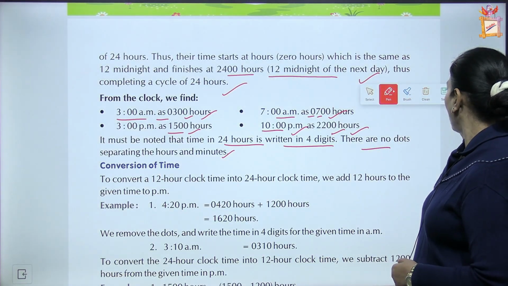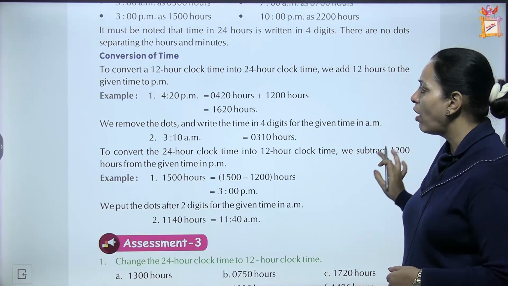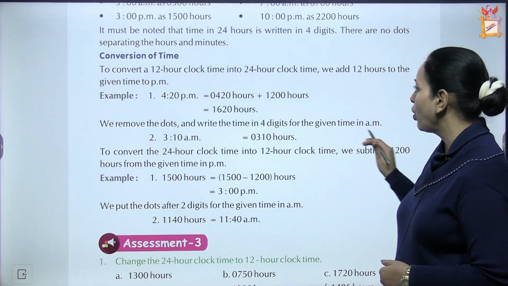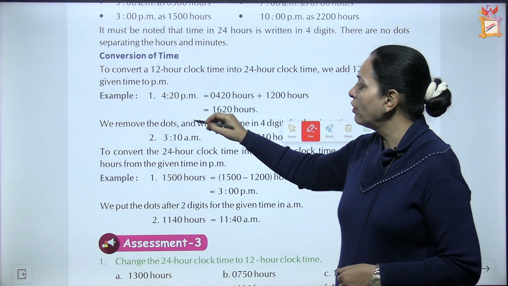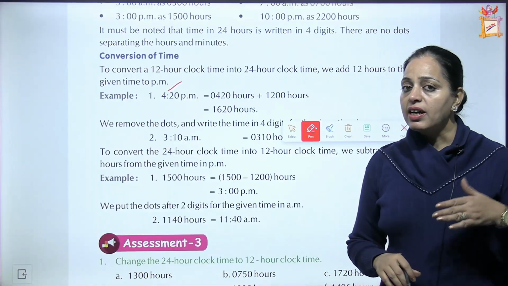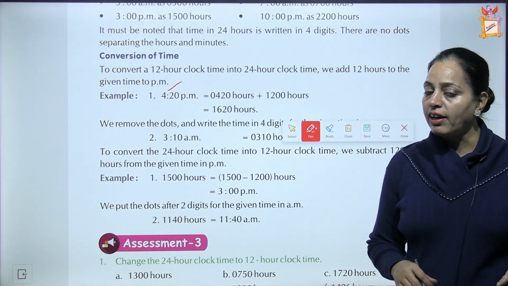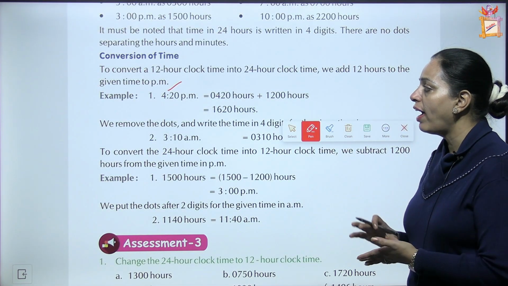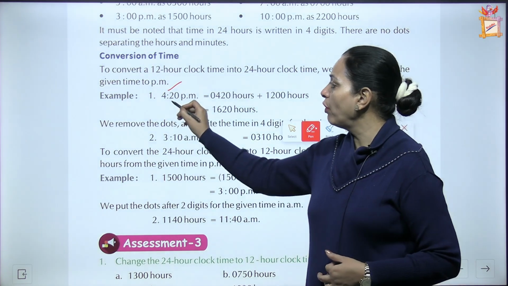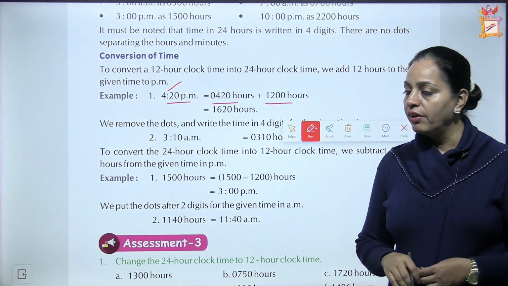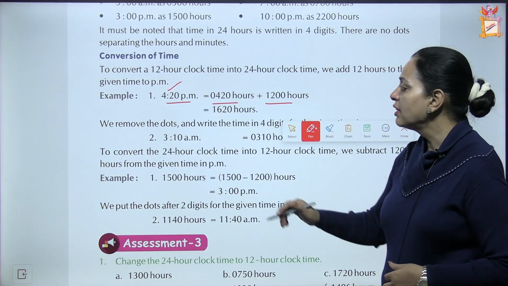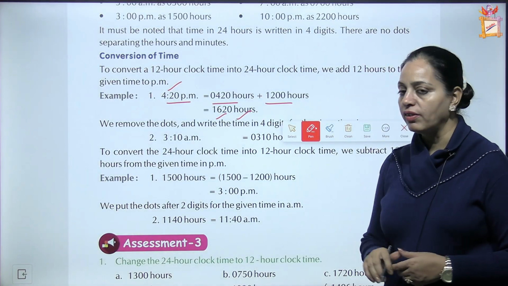Now conversion of time. To convert a 12-hour clock time into 24-hour clock time, we add 12 hours to the given time in PM. If the time is PM, evening, night, then we add 12, like 4:20 PM. So 420 plus 1200, right? So this becomes 1620 hours.